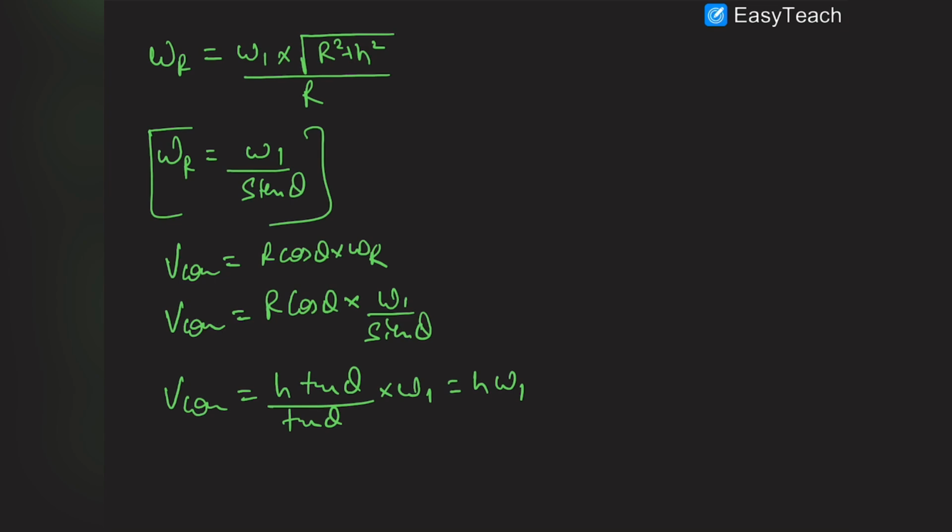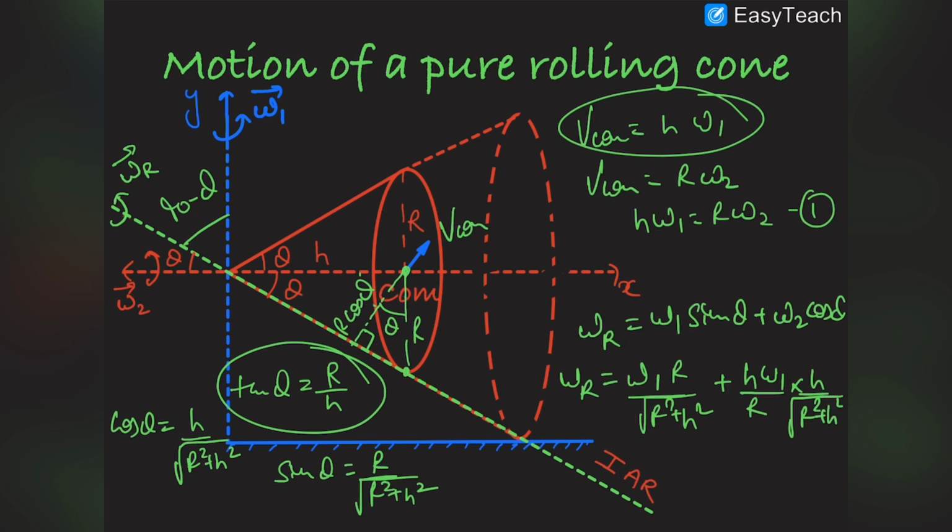Okay, so now let us discuss the alpha, angular acceleration of this cone. Now you can see that this cone has mainly two angular velocities. This is omega 1 about this blue axis, and this is spin angular velocity about this red axis.